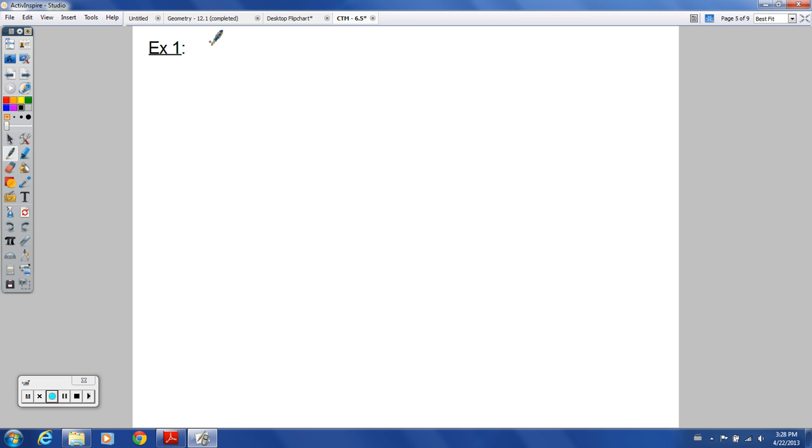So here's example 1. Suppose y varies directly as x. This is the way they word the sentences in your book, so I'm going to do it the same way here so that we get used to that. To me, it sounds a little funny grammatically, but this is the way that is appropriate to say it, according to the book at least.